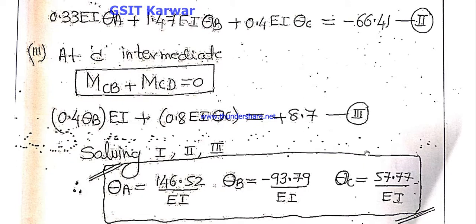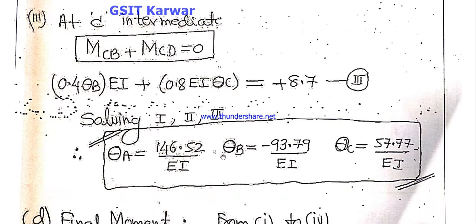After solving equations 1, 2 and 3, we get theta A, theta B and theta C in terms of EI, because EI is constant. The value is not given in the problem, so you don't assume it; you can directly keep it as EI only.